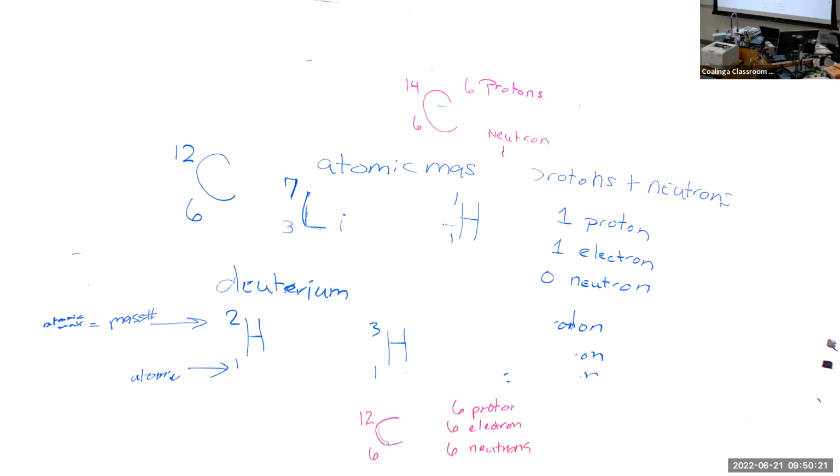So we know it's 14 minus 6, the neutrons. 8. Okay, how many electrons? Okay. Questions? Think you got it? Feeling comfortable? Okay, we're gonna test this out.